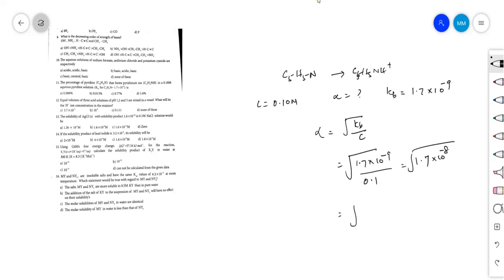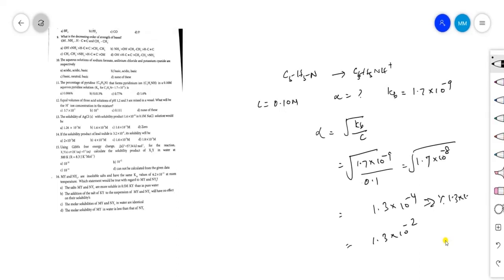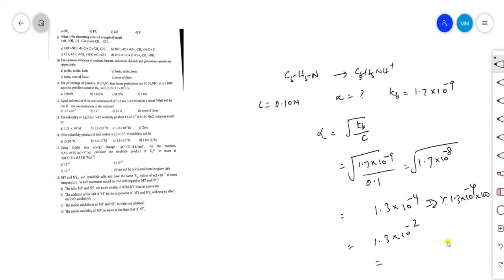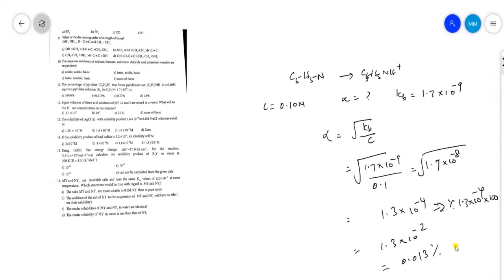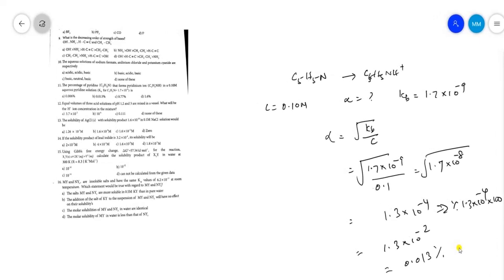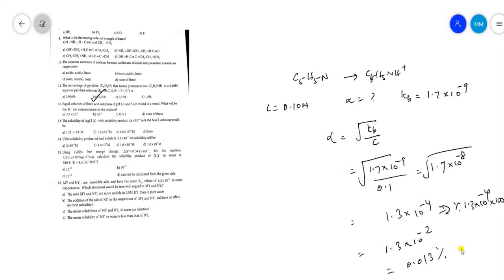By taking the root of 1.7 times 10 to the minus 8, we get the value 1.3 times 10 to the power of minus 4. Converting into percentage, multiplying by 100, it is 1.3 times 10 to the power of minus 2. So this is equal to 0.013 percent. Your answer is B.